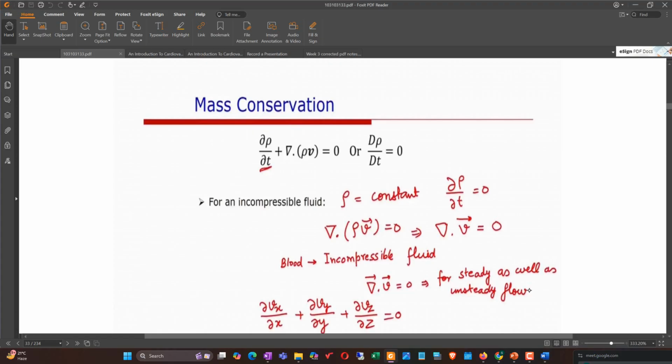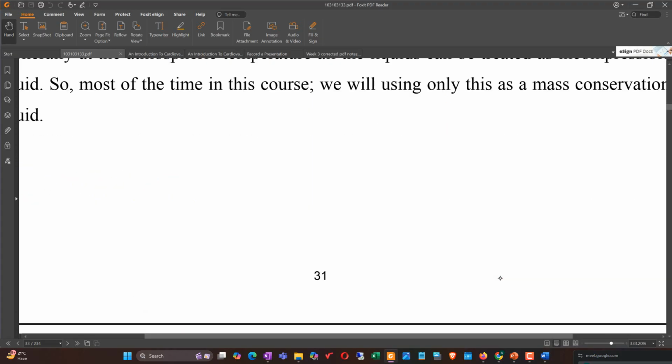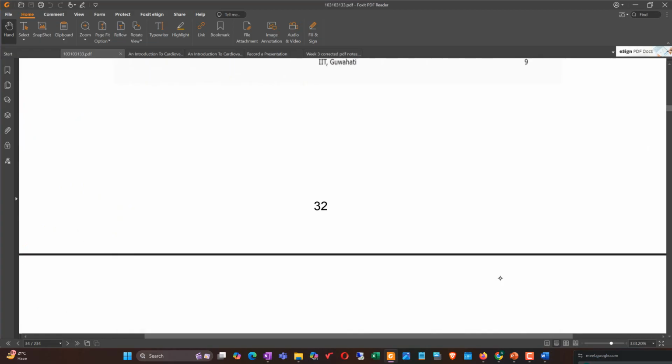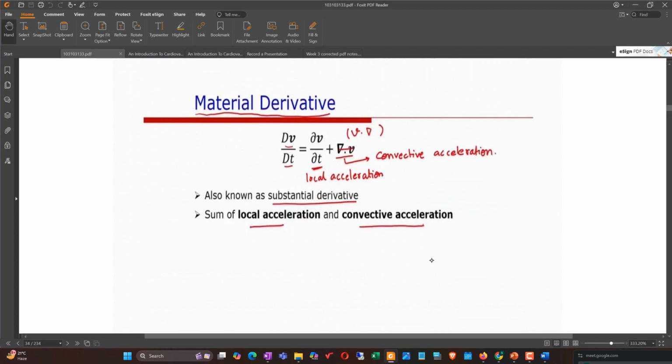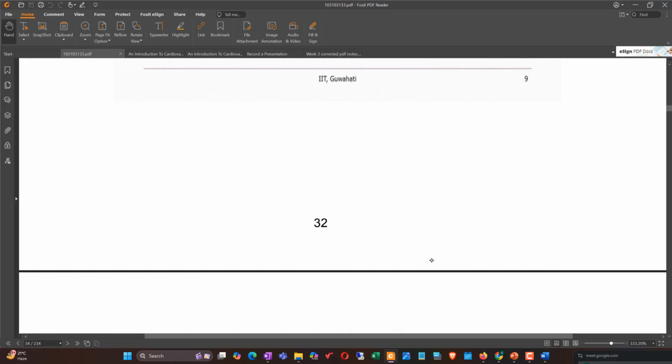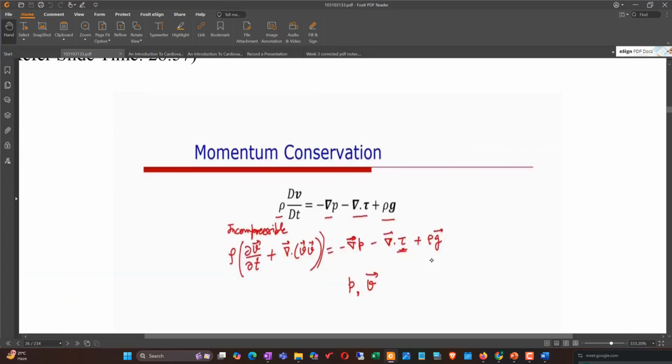Mass conservation balances have been done, and using that, momentum conservation is also completed. The material derivative has been defined, covering the temporal and spatial convective acceleration and local acceleration terms. This is also called the substantial derivative. This local convective term has been taken into account.